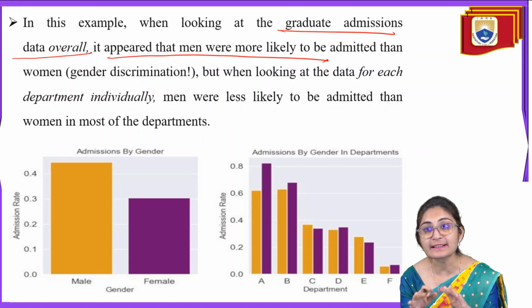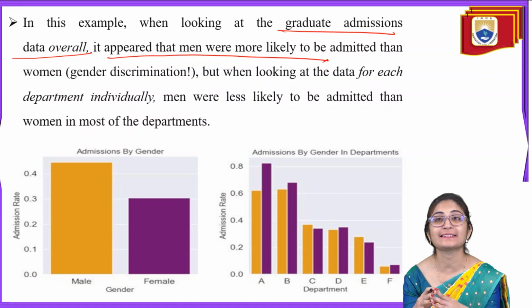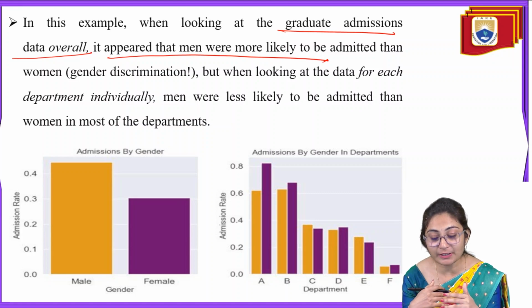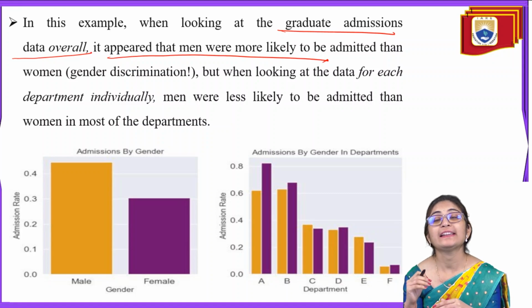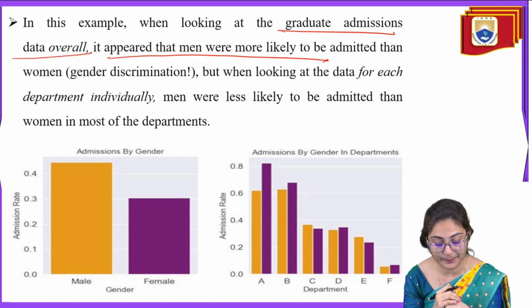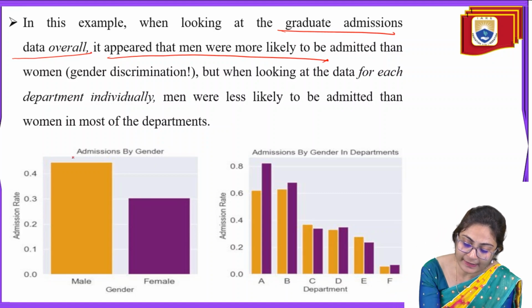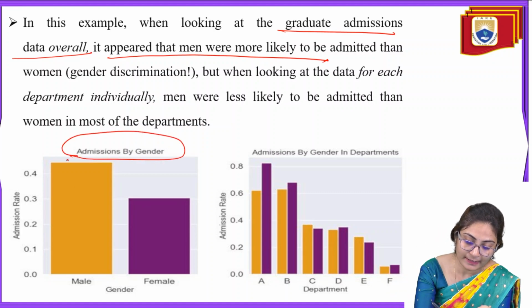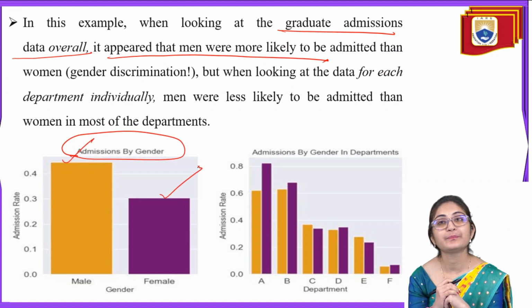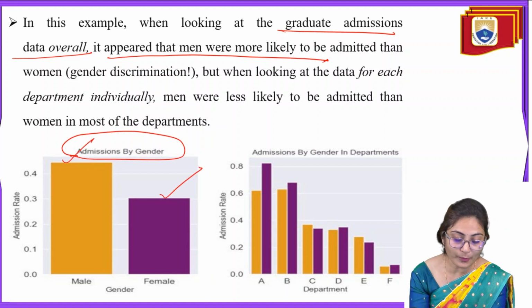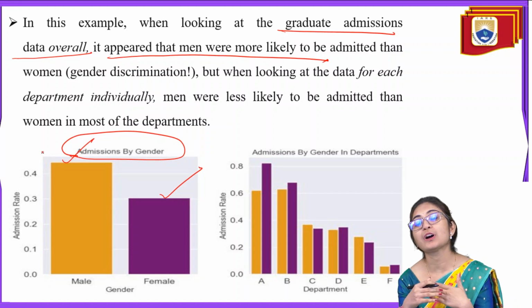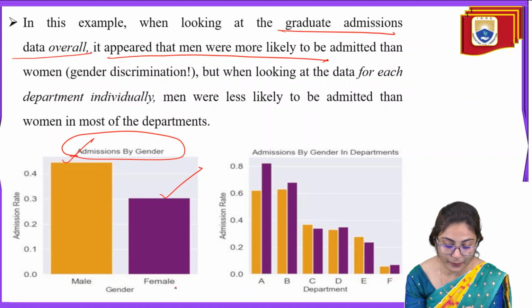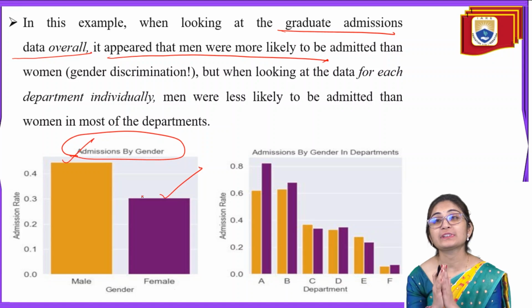That means we could say there is gender discrimination. But when we look at the data, here admissions by gender, male is showing above 0.4 and female is showing below 0.3.